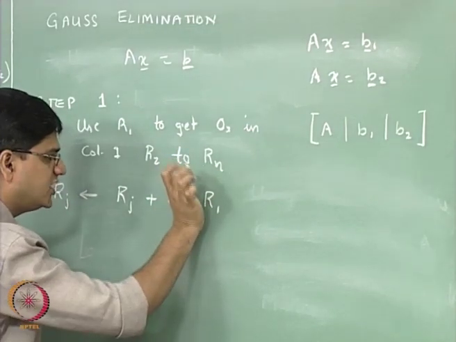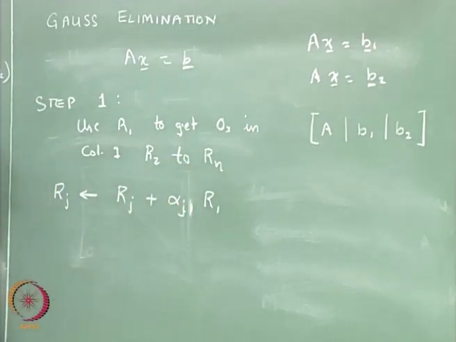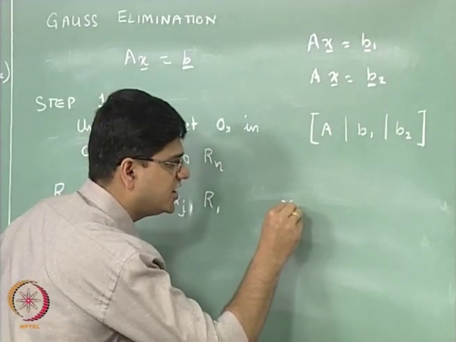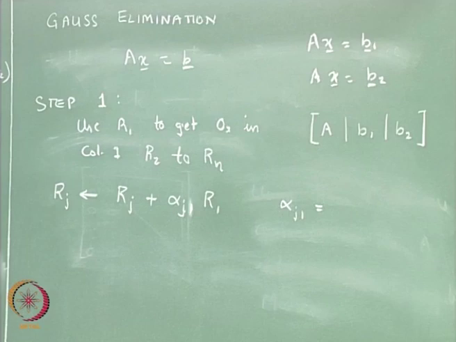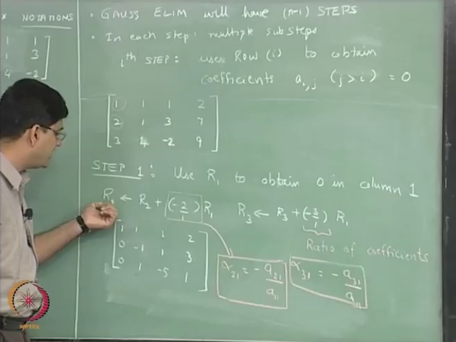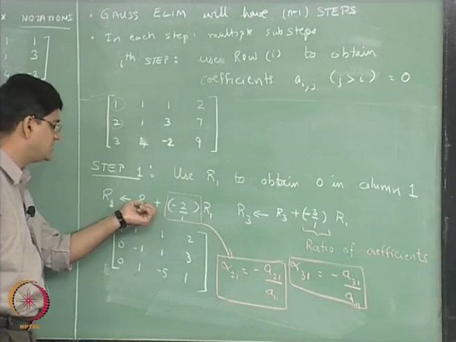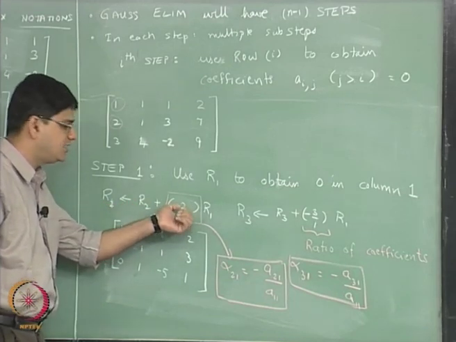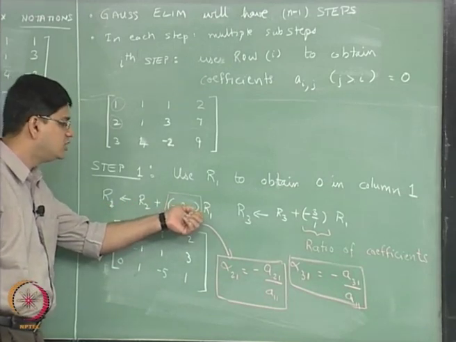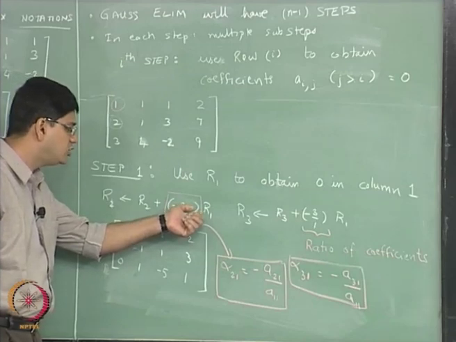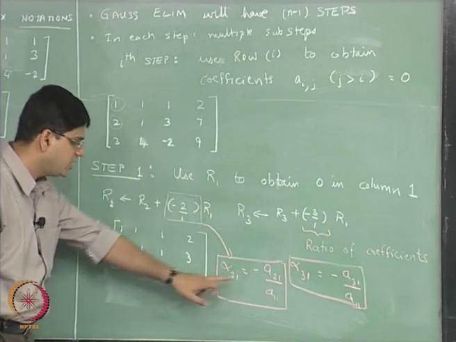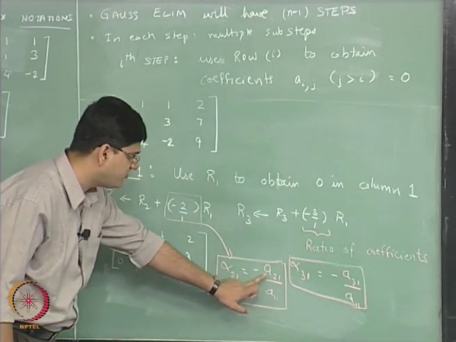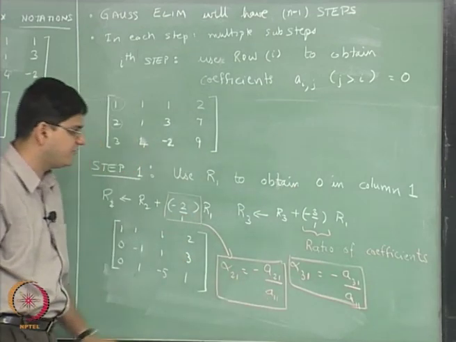where alpha j1 is the ratio of the coefficients. If we go back and look, we had R2 given as R2 plus alpha 21 R1, where alpha 21 was negative of A21 divided by A11.